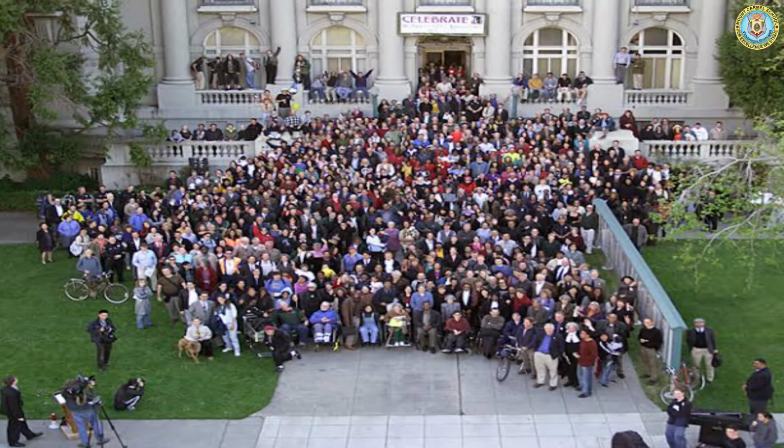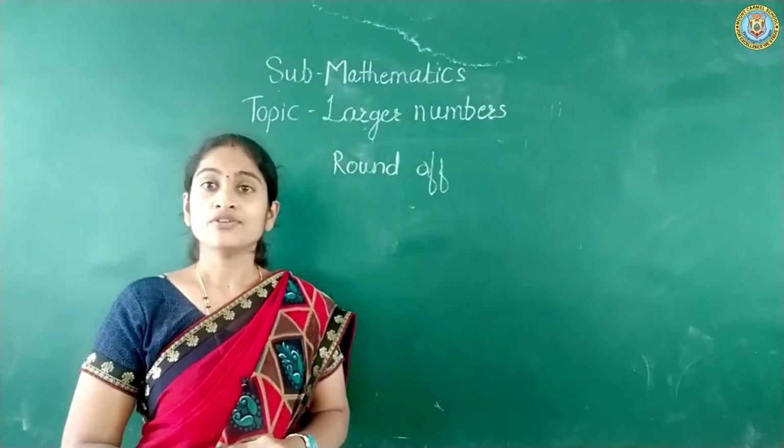See here, you can see an image having too many people. They are gathered for a function. Actually they are 495 people, but by looking at the crowd, we can say they are around 500. Here we use the number 500, which is the rounding of 495.